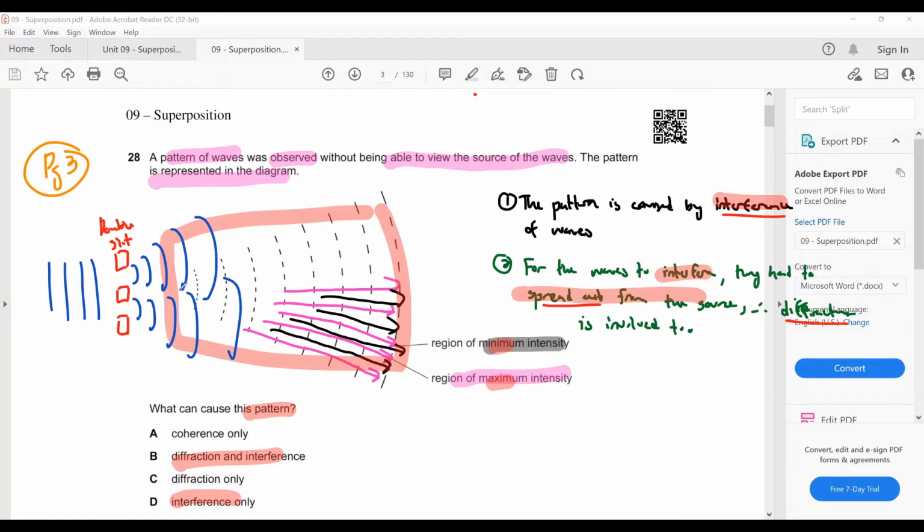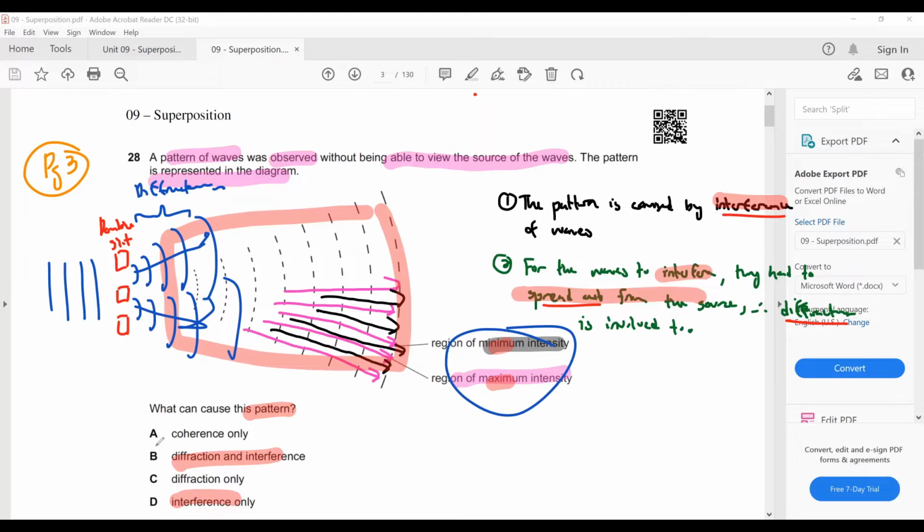From there, the waves spread out. The reason they're able to spread out is because of diffraction. So it's after they spread out due to diffraction that they meet, overlap, and interfere, which in turn gave you this.